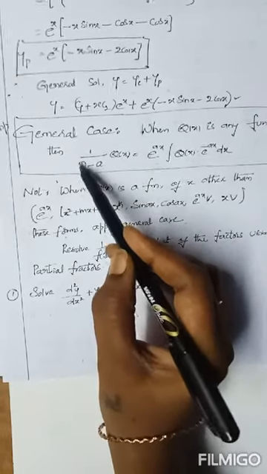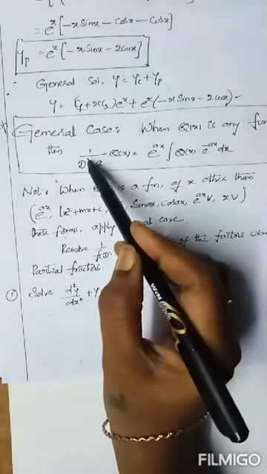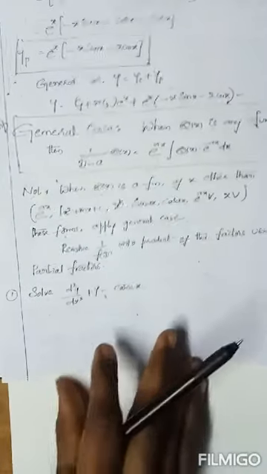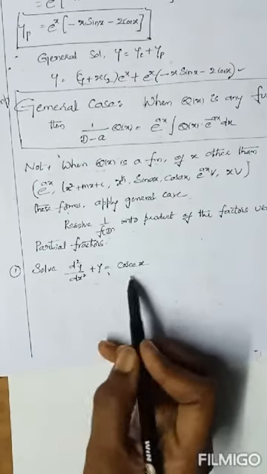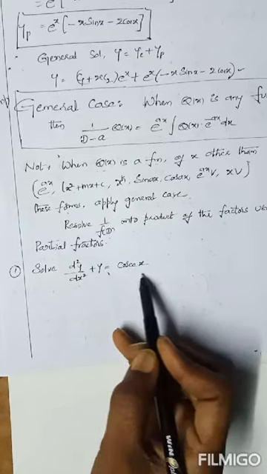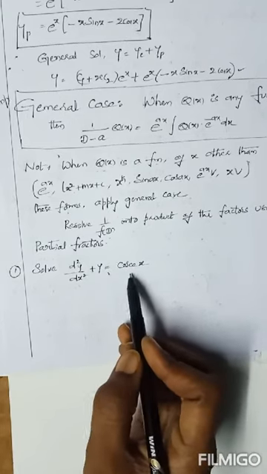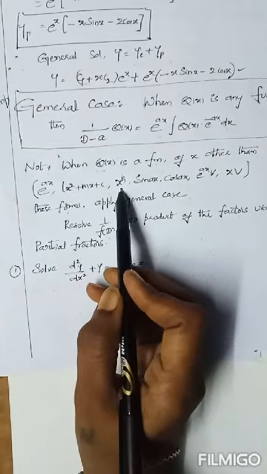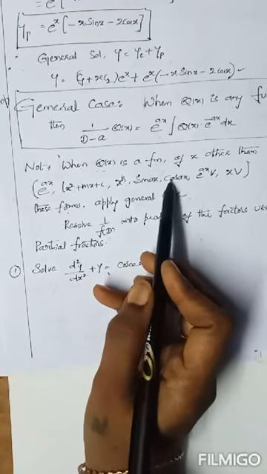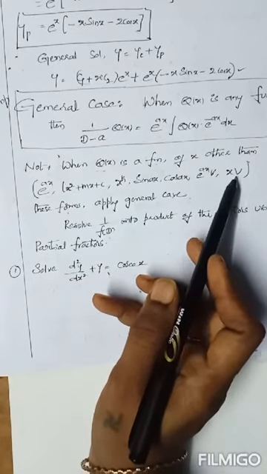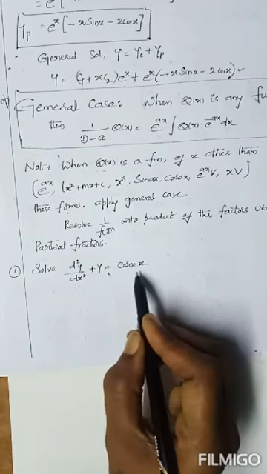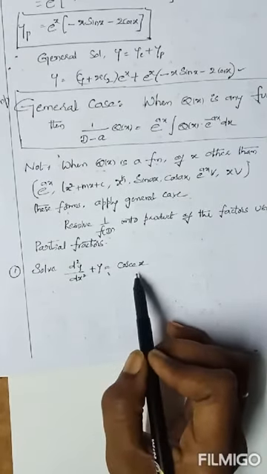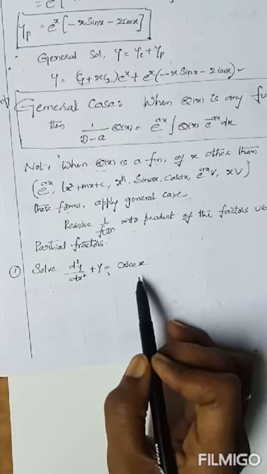This is the formula for getting yp if q of x is other than these forms. In the given question, cosecant of x is there in place of q of x, which is other than those types, so we have to use the general case to get yp.